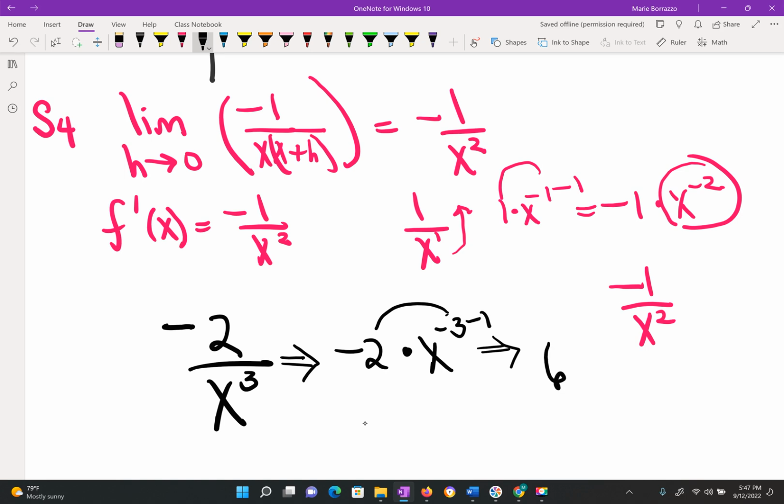I'm going to take away 1. That leaves me x to the negative 4, right? So isn't your final answer 6 over x to the 4th? No, because we have simplified. There's no simplifying, it's an exponent. Yeah, so that's it. Cool.